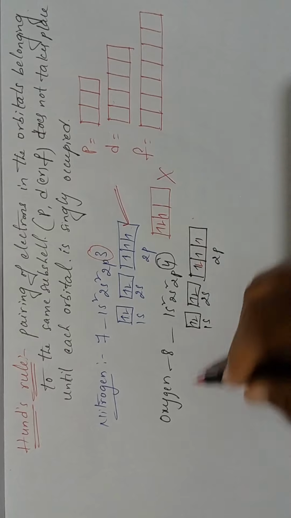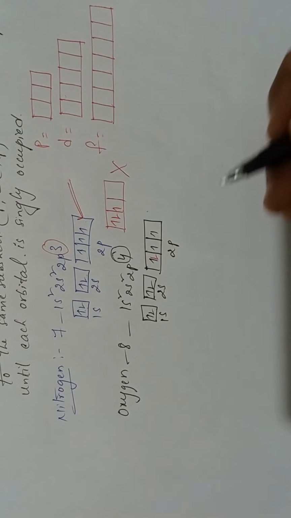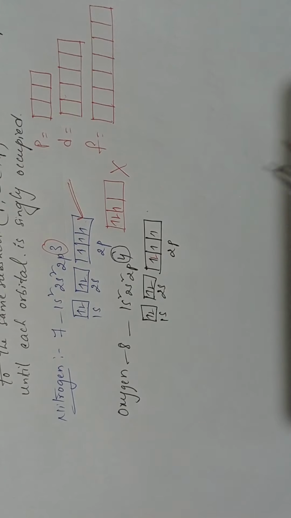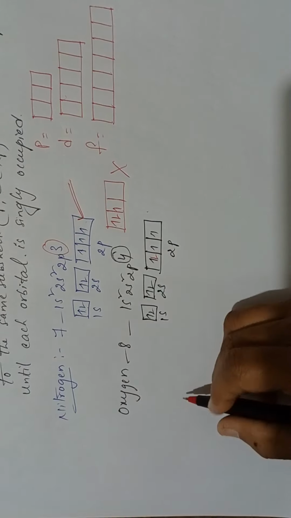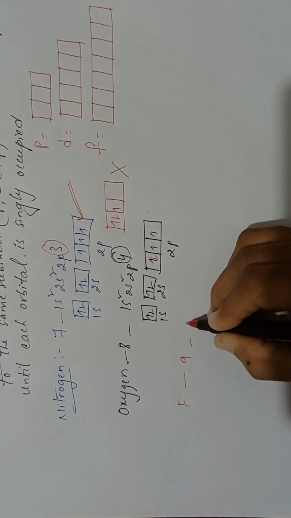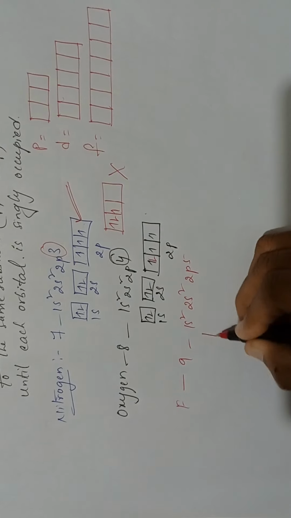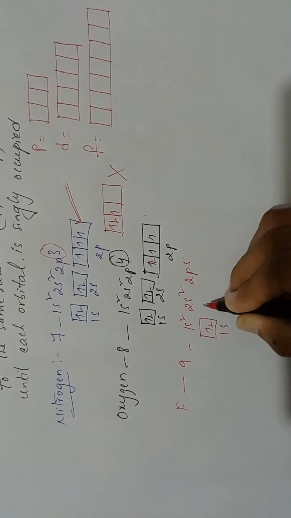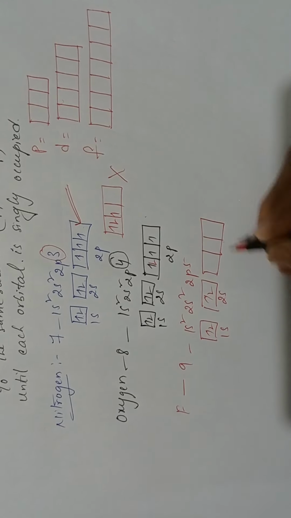After oxygen and nitrogen, now I am taking fluorine, students. Fluorine atomic number 9. 1s2, 2s2, 2p5. That means in the 1s orbital 2 electrons, in the 2s orbital 2 electrons, and in the 2p orbitals 5 electrons.